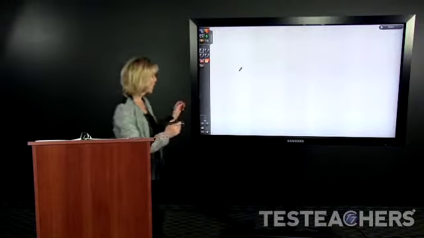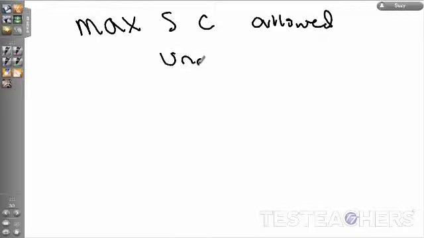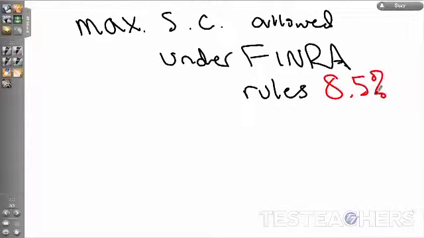In order for an investment company to charge the maximum sales charge allowed under FINRA rules, and what was that again? Yeah, 8.5%. The fund must do these three things.